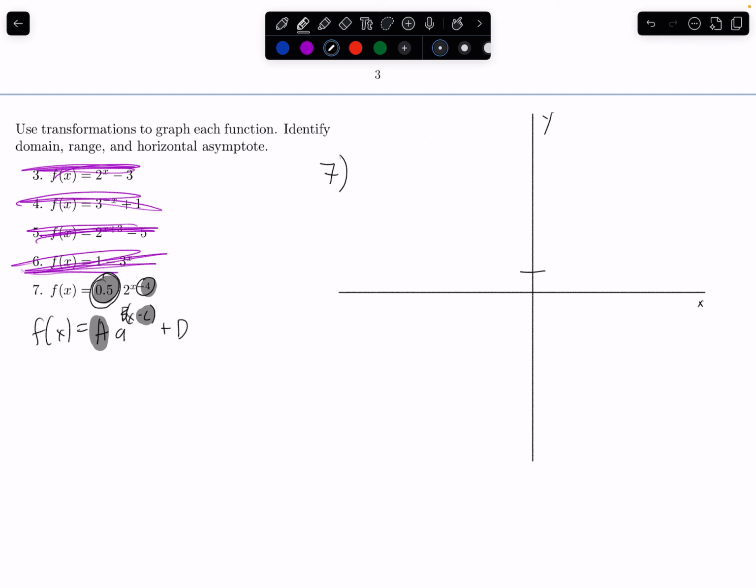So the original function is 2 to the x, which has a point at 0, 1. Now I'm going to scale this by 0.5. That pulls me down to 0, 0.5 instead of 0, 1. Normally the point is at 1, 2, but because I'm scaling, it's going to be 1, 1. And 2, 4 would be my normal point, but I scale that down to 2, 2, half of 4.